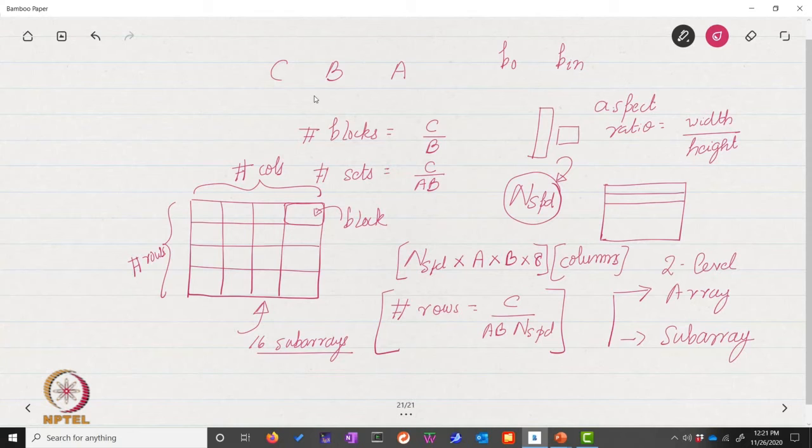So what we do is we go there and we read it. What is the time that is required? First we need to figure out in which of these subarrays the block resides. If there are 16 of those, we will need some sort of a circuit to figure out where we need to go.